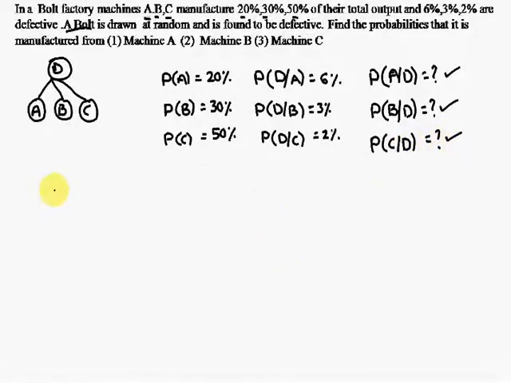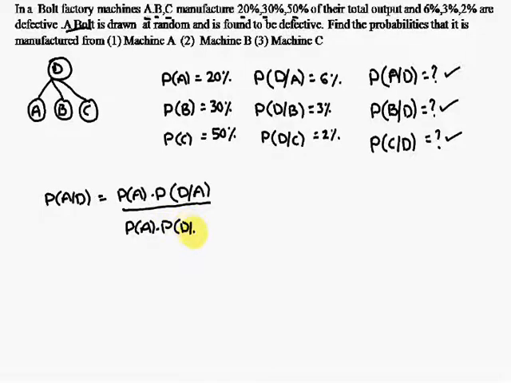So the first question, probability of A given D occurs. How do you write the formula? Probability of A occurs into probability of D given A occurs. Then in the denominator you write the same thing, probability of A occurs into probability of D given A occurs, plus this is over.